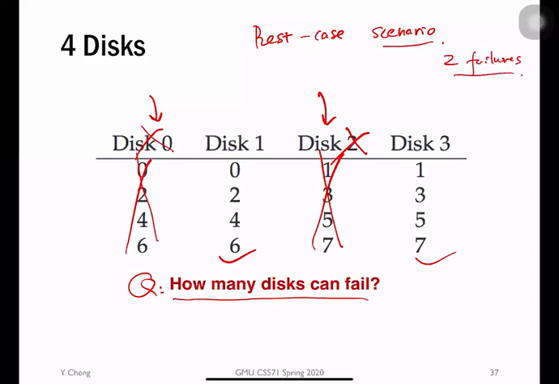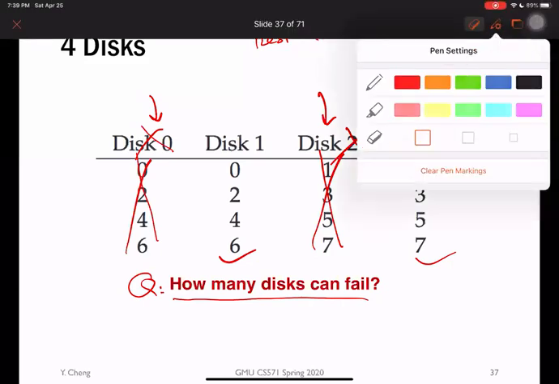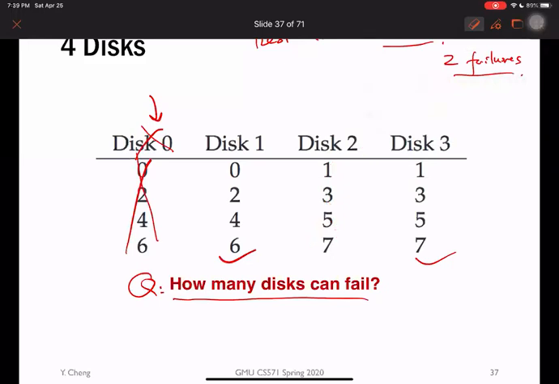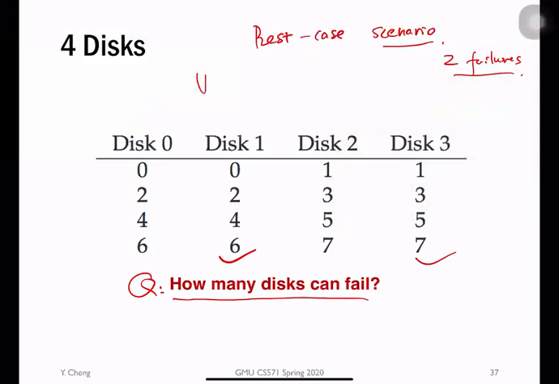Worst case is, let's say instead of non-adjacent disk failures, let's have two neighboring disks fail. So in this case, unfortunately, disk 0 and disk 1 fail.